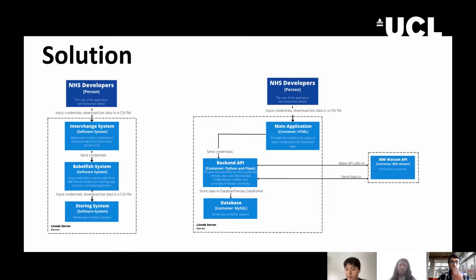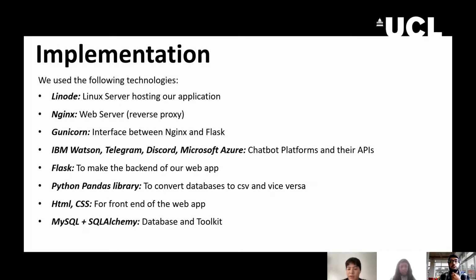We have successfully managed to integrate it with Discord and Telegram. The main technologies we used for this project were Python as the main programming language and Flask, a web application framework. The front end was written using HTML and CSS. It is hosted on Linode as a web application, hence there's no need for an installation of any proprietary software to use our application.